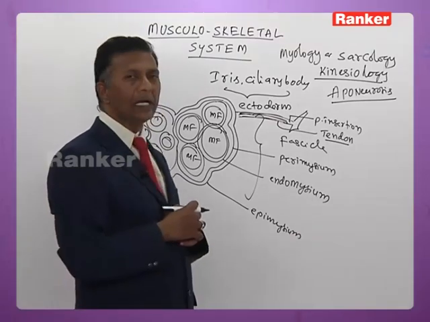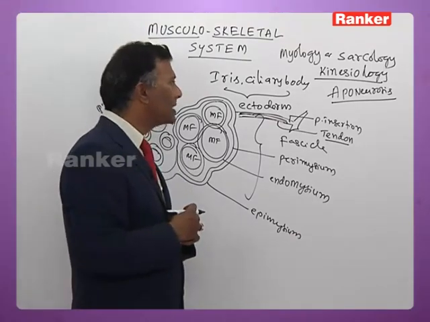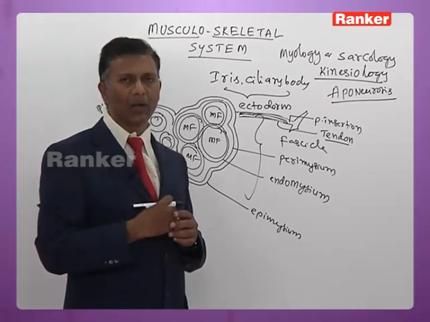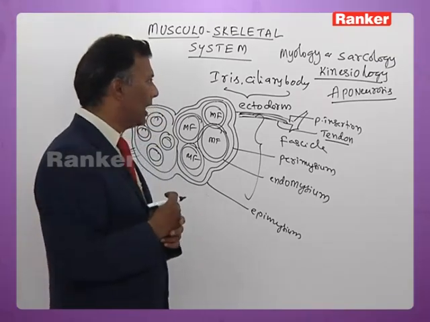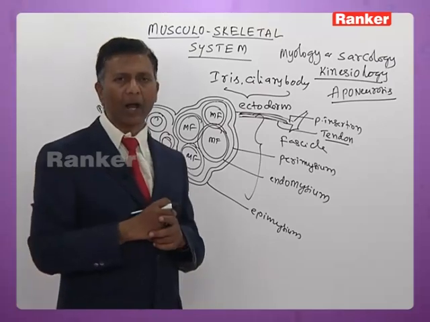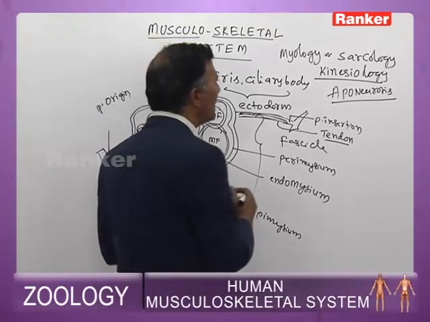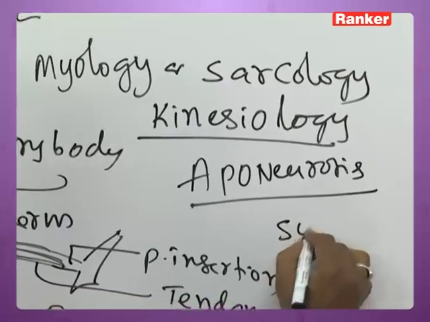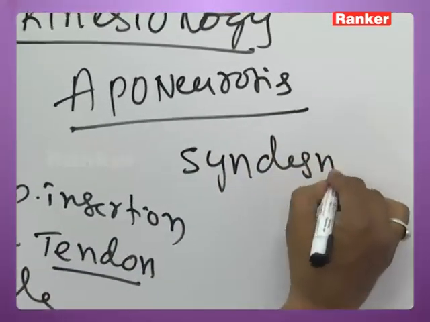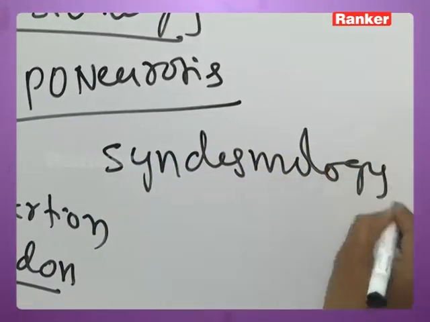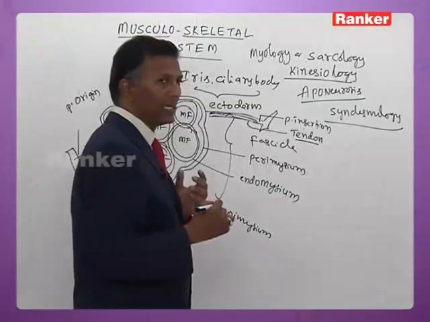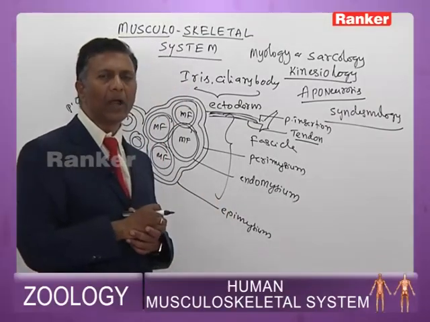And the study of muscles is called myology or sarcology. In the same way, you have another branch which deals with the study of tendons and ligaments, which is called syndesmology. Syndesmology is a branch of science that deals with the study of tendons and ligaments.